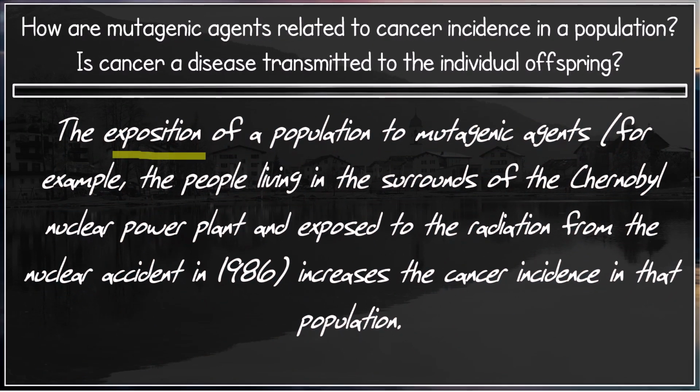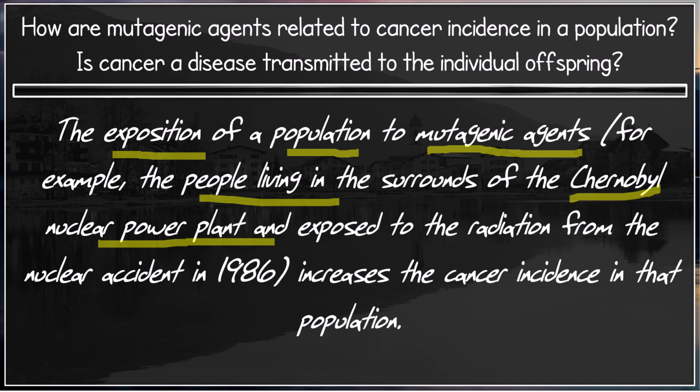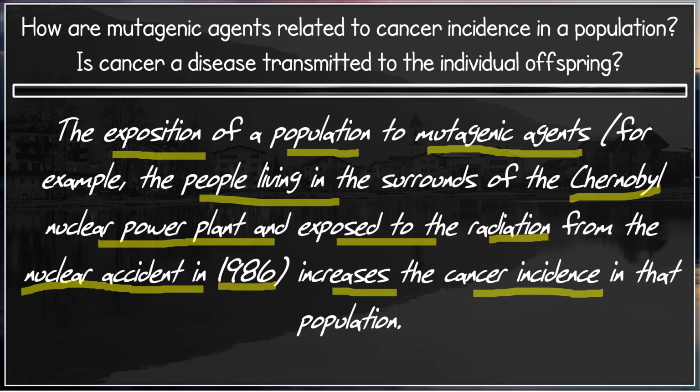The exposition of a population to a mutagenic agent, for example, people living in the surroundings of the Chernobyl nuclear power plant and exposed to the radiation from the nuclear incident of 1986, increases the cancer incidence in that population.